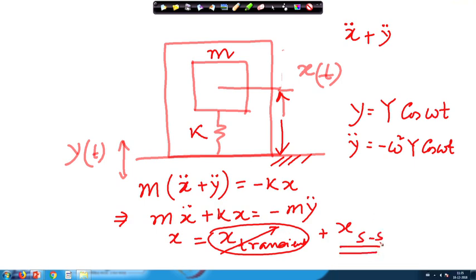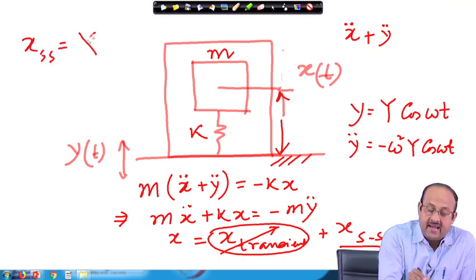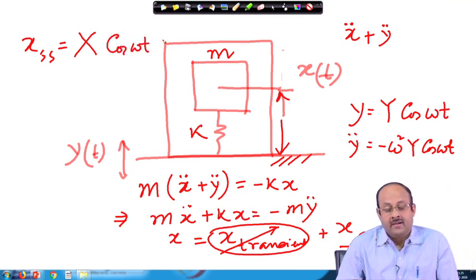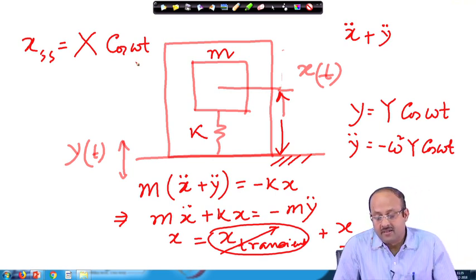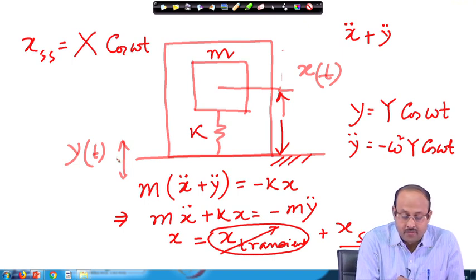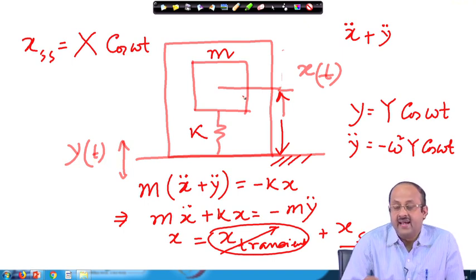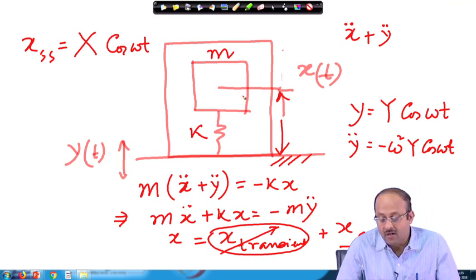Now, the steady state solution, we express as x equals X cosine omega t in this particular form. Why this cosine omega t? That is because there is no damping, so these two motions, y and x, will be either in phase or out of phase.